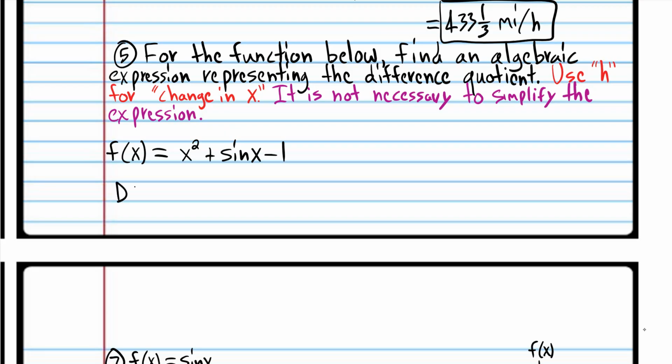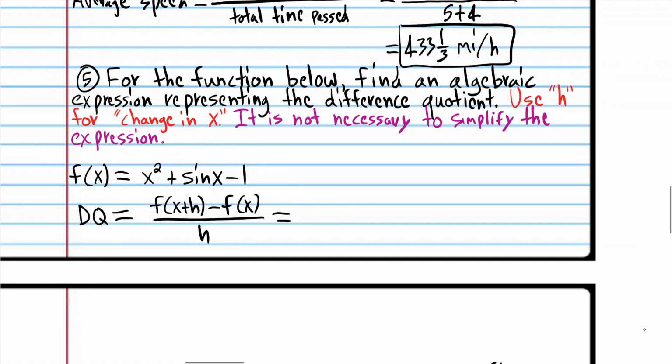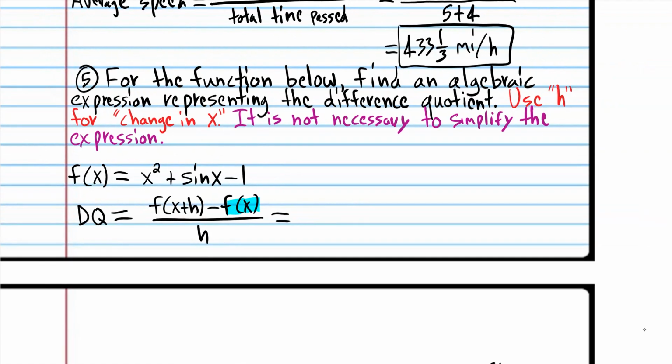And now's the time. So the difference quotient, which I'm going to label as dq, is equal to f of x plus h minus f of x over h, and we're just going to plug in. So these parts, the purple and the blue part, are the easy parts. I'm going to write them first. And notice it says we don't have to simplify.